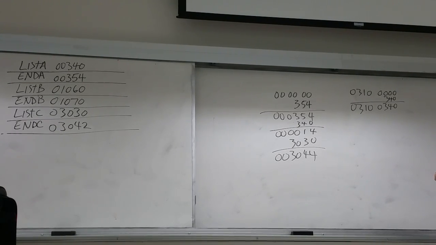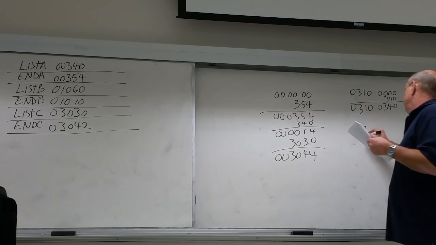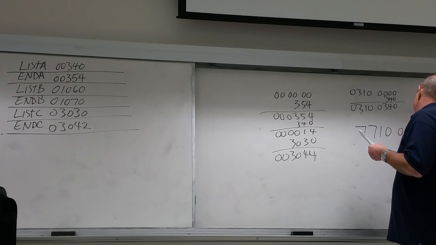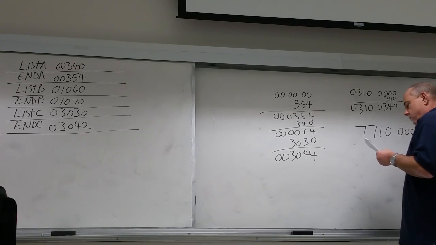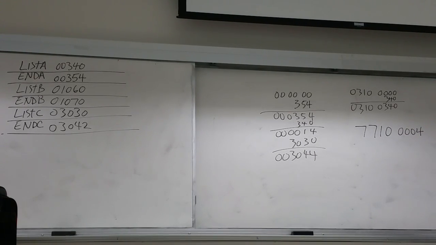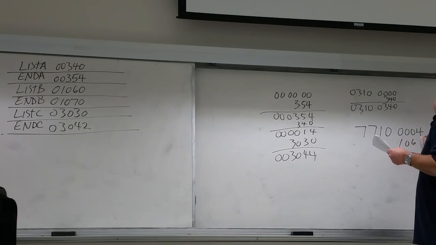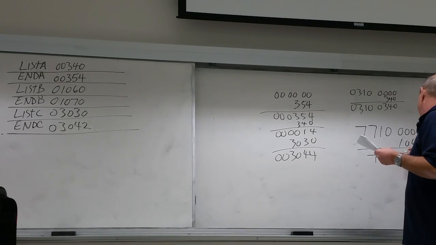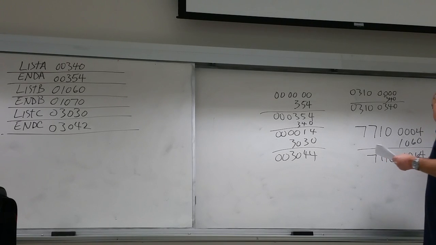So we have 7710 0004, and what do we have to do with this? Plus list B. List B is 1060, which leaves us 7710 1064. Everybody see that? Questions? Easy?